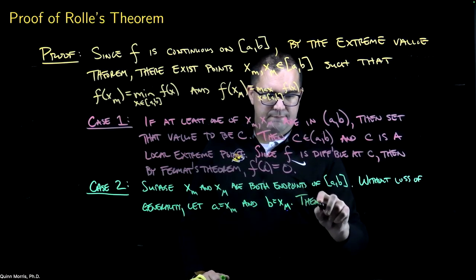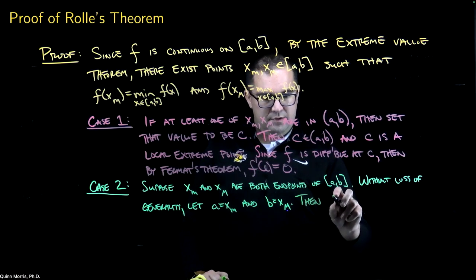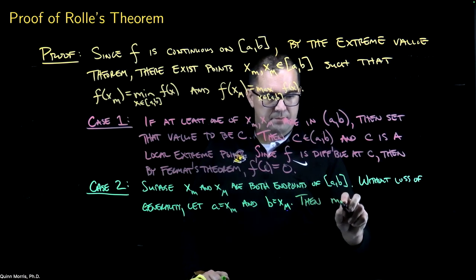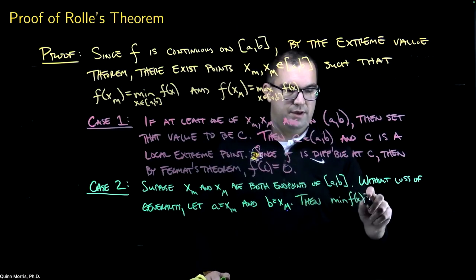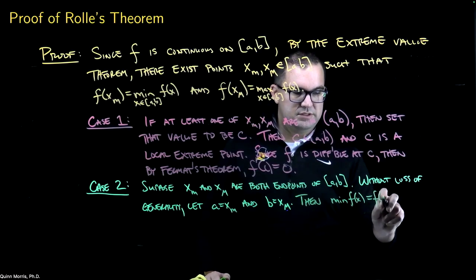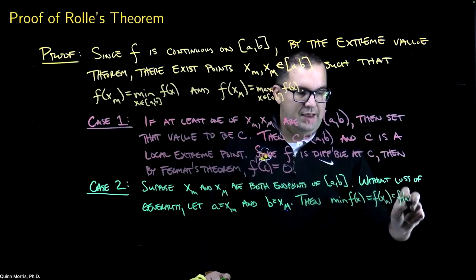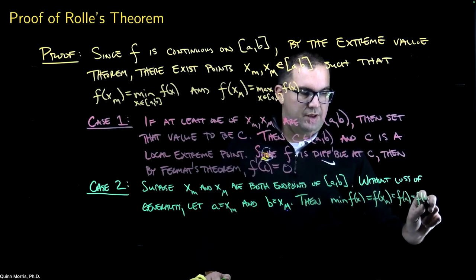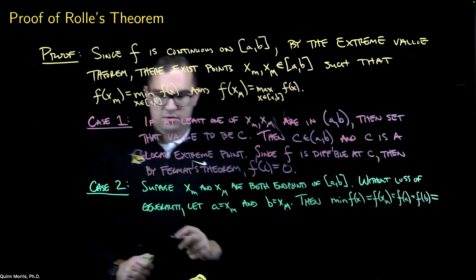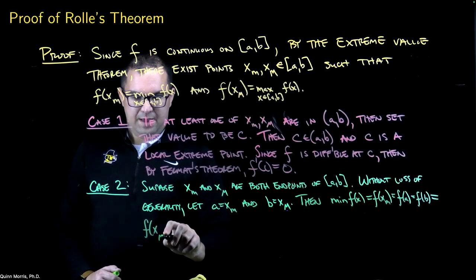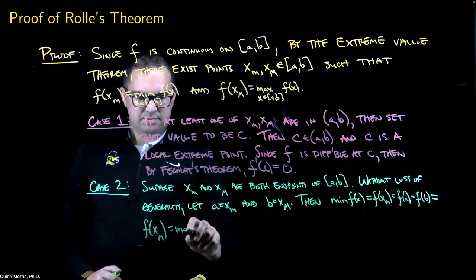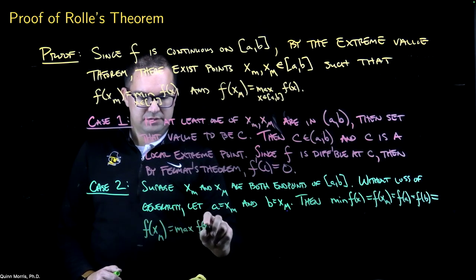Well then, the minimum of f of x, and I'm going to drop the interval AB but just assume it there, the minimum of the function is equal to f of x sub m, which is really f of a, which is equal to f of b. F of b is really just f of x sub capital M, but that's the maximum of the function f of x.